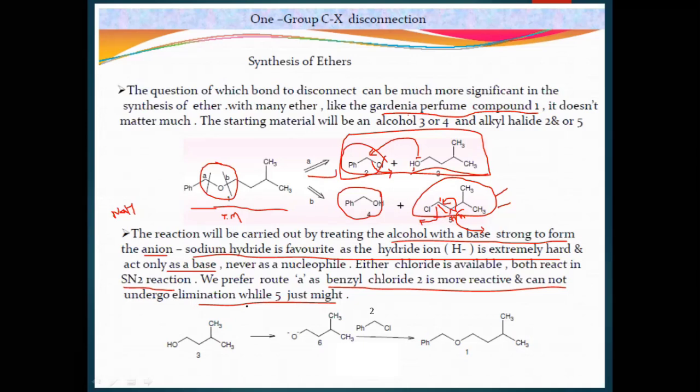Okay, so in this case, take 3 as a starting material during the synthesis, then use the base, then oxyanion formation, formed oxyanion, then you need to introduce the corresponding benzyl chloride, that is 2, then nucleophilic attack over the carbon carrying the leaving group, transition state formation, then target molecule formation, that is gardenia perfume.